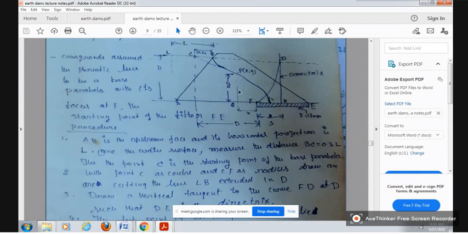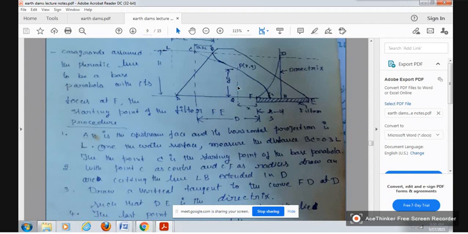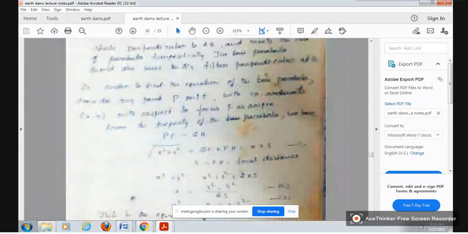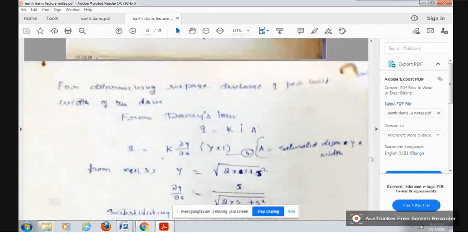What is the cross-section area? It is Y into the unit width of the dam, Y into 1. As per Darcy's law, Q is equal to KIA, where I can be written as dy by dx.